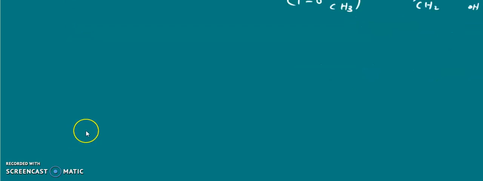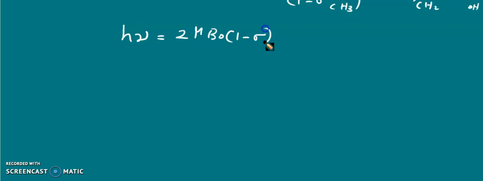Now we know that the NMR experiment can be done by changing the frequency also, by keeping the magnetic field constant. But the resonance condition remains the same: h nu is equal to 2 mu B0 into (1 minus sigma), or you can write it as gn mu n B0 into (1 minus sigma).